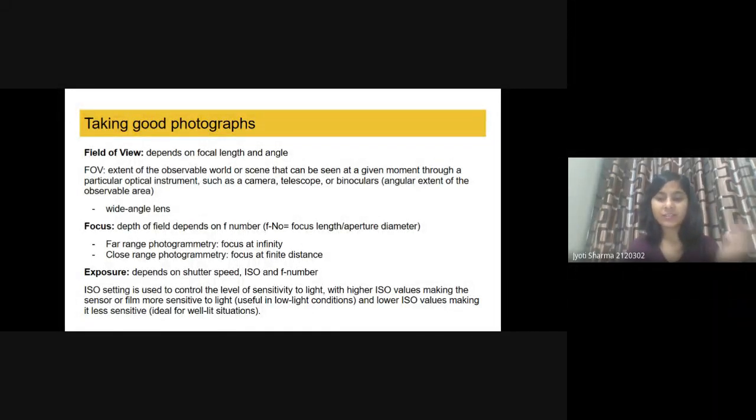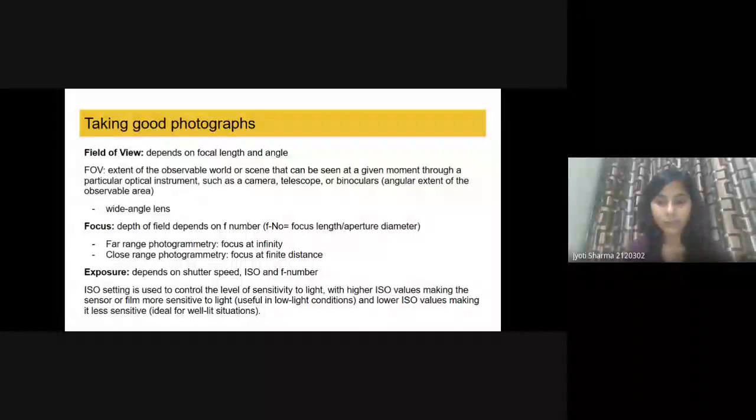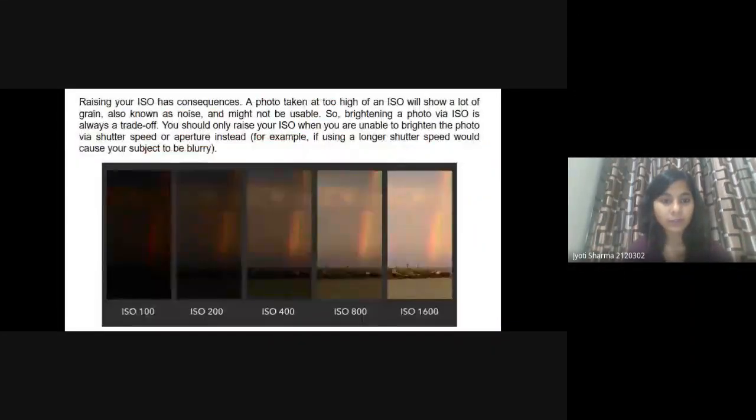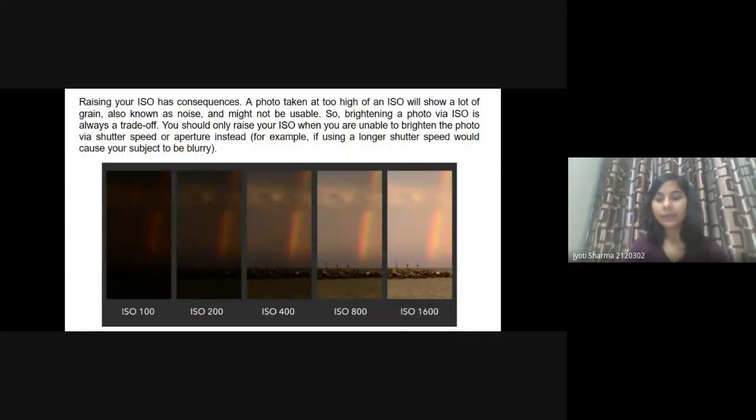ISO stands for International Organization for Standardization, and there is the f number. So I will also tell you about this ISO. If we have very low sunlight in our environment but want to get a very good picture, we can increase our ISO.